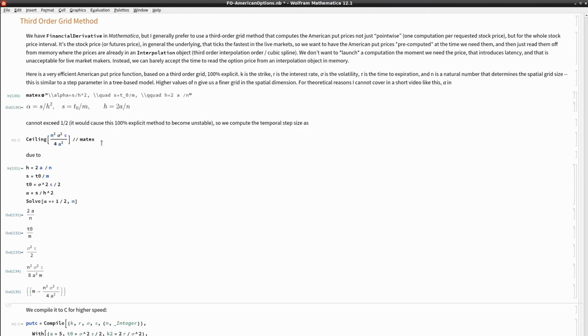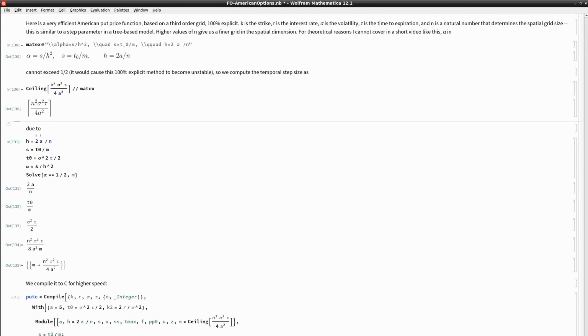We can further simplify this method. We can use an m, the temporal step size, that depends on our spatial step size, the inputs sigma squared and tau, and a parameter a that we have. Those are used to adjust our option pricing precision.